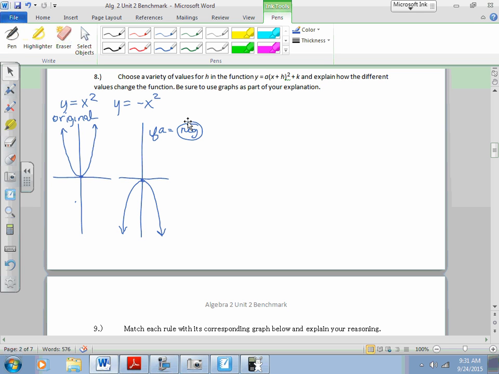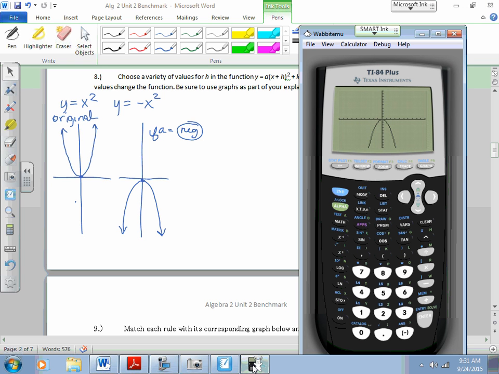What do you think would happen if I made the a value a number like 100? And I said y equals 100 x squared. Not sure? Type it in. Look at it. Go to y equals, clear that, type y equals 100 x squared.